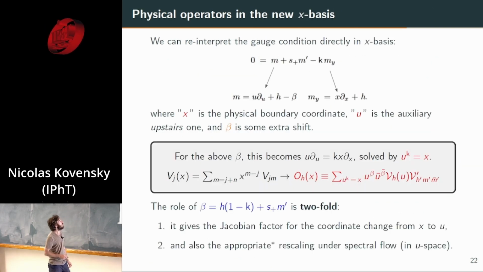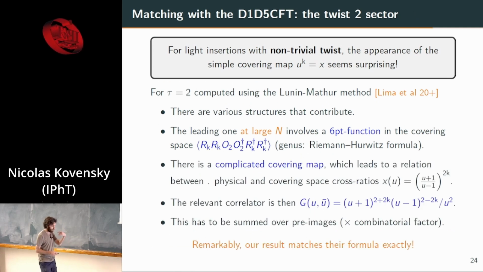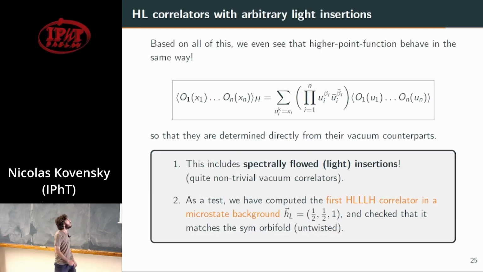And then finally, you could tell me, okay, this seems nice, but it may be only a property of 2 light insertions, so a property of worksheet 2-point functions, and then it becomes more complicated. And then we actually went, and as Davide will tell you in detail next week, we computed the first heavy-light-light-heavy correlator in the microstate geometry. We did it in the simplest possible case, where the light operators have weights 1/2, 1/2, and 1, using similar techniques as in the appendix of your paper.